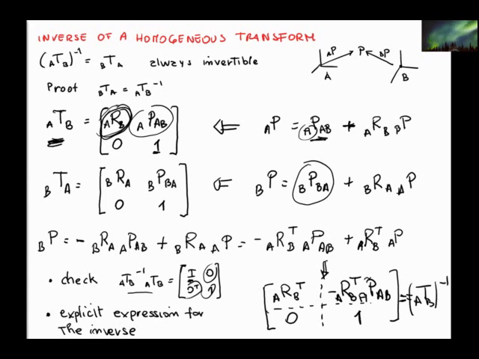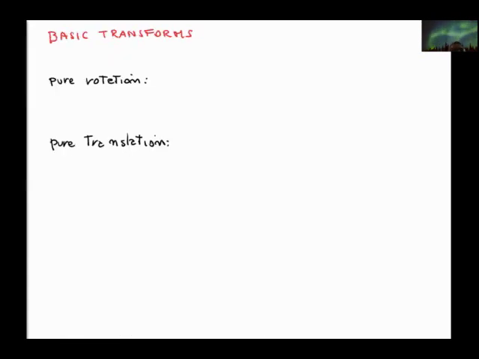Now, let me introduce two basic transformations, one for the pure rotation and one for the pure translation. How does the homogeneous transform for a pure rotation look? Let's say we call it TR and a 0 here. In your opinion?